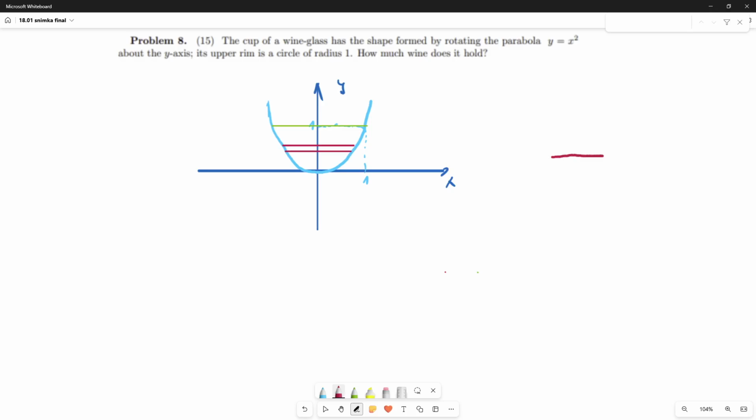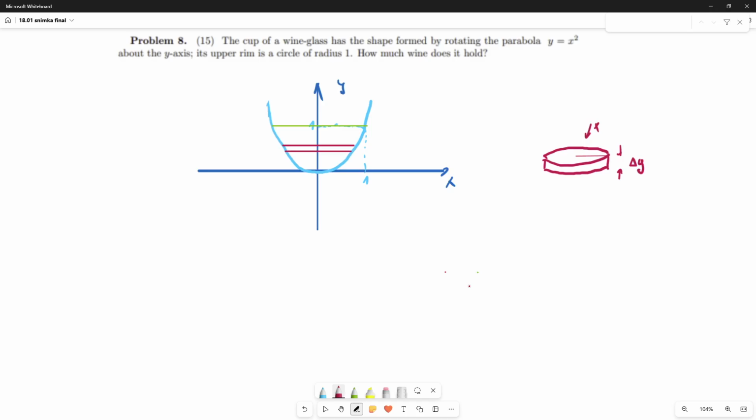So this disk looks a bit like this. It's very thin and its radius is equal to x. Its thickness is delta y. So we have a disk with radius x and height delta y.